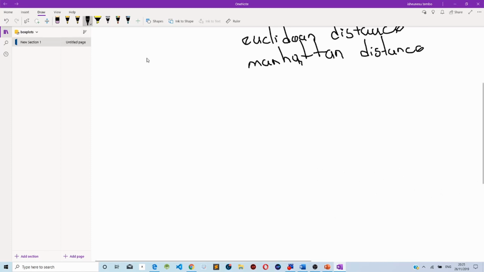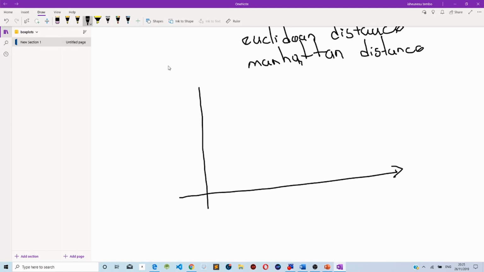The second method is what we call the Manhattan distance. Let's also consider our vector p1, which is x1, y1, and another vector with coordinates x2 and y2.